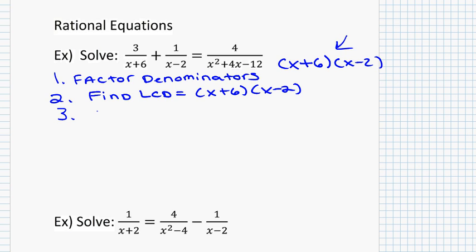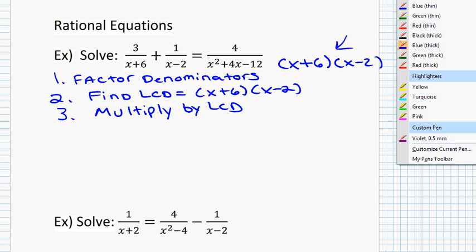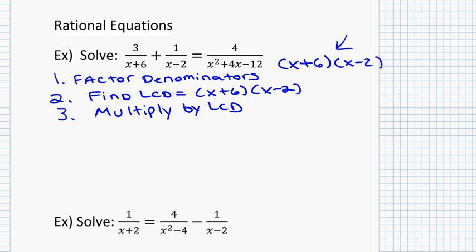So step 3, to clear the fractions, we're going to multiply by the lowest common denominator. So when we multiply by the lowest common denominator for each term, we have to multiply by x minus 2 and x plus 6 each term.